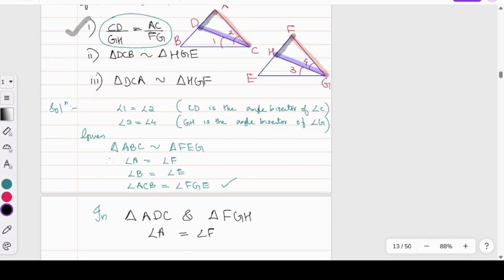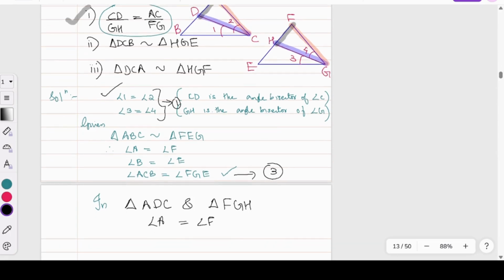Next, if angle 1 equal to 2 and angle 3 equal to 4, let me give this one as equation number 1, and again this one as equation number 3. Total angle C is equal to total angle G, and if angle 1 equal to 2 and angle 3 equal to 4, automatically angle 1 equal to angle 2 equal to angle 3 equal to angle 4, right?